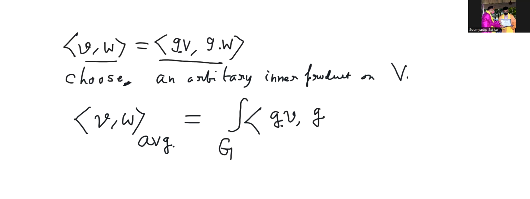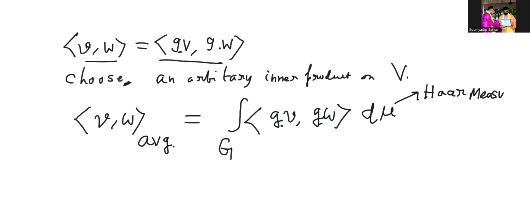Okay. So this is already a function of G, the inner product of G dot V and G dot W, and then you integrate against the Haar measure. This is your Haar measure that we have already constructed. I mean, we have not proved it. I have just stated the result, but you can look up the proof in many places. This is a very standard one. So we can define this new inner product.